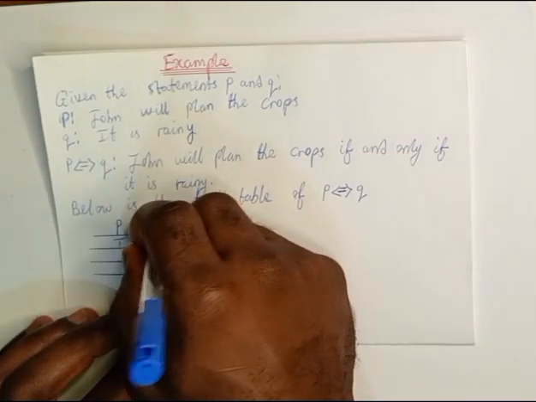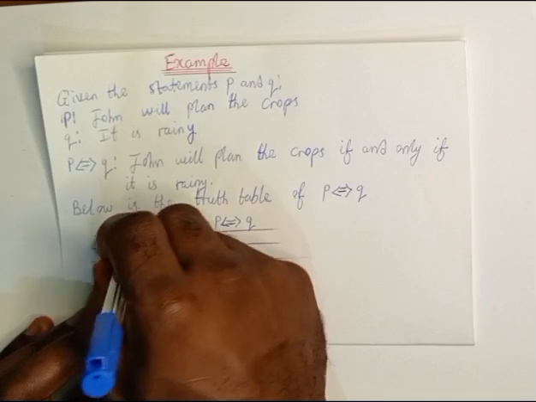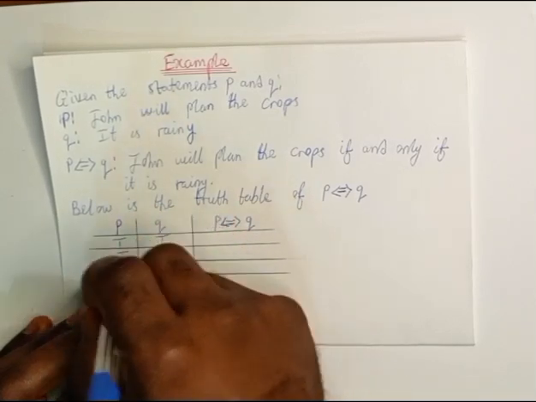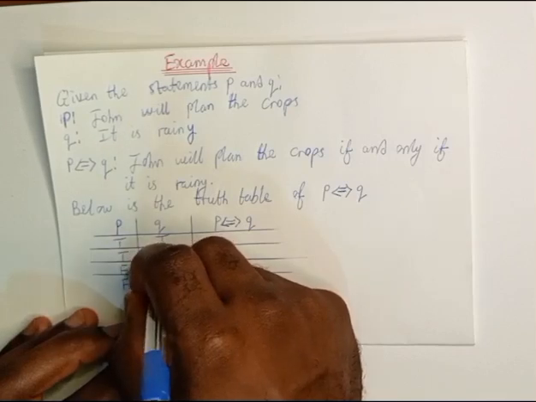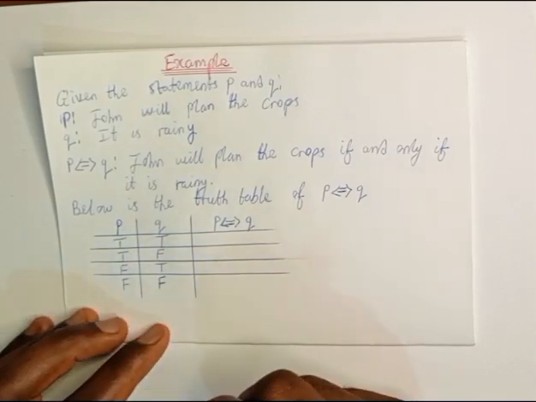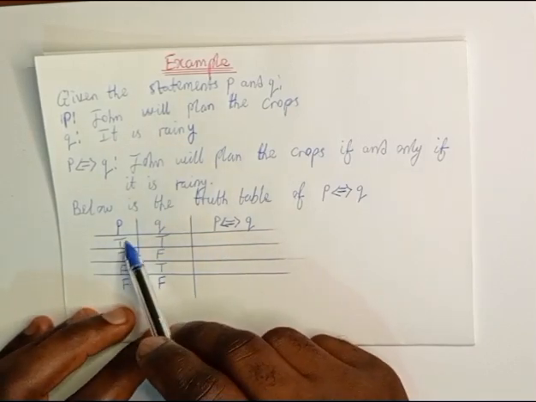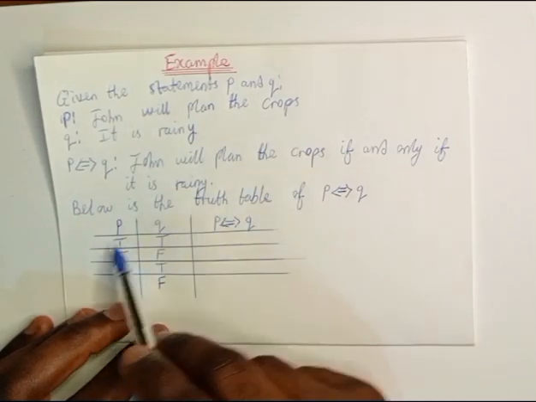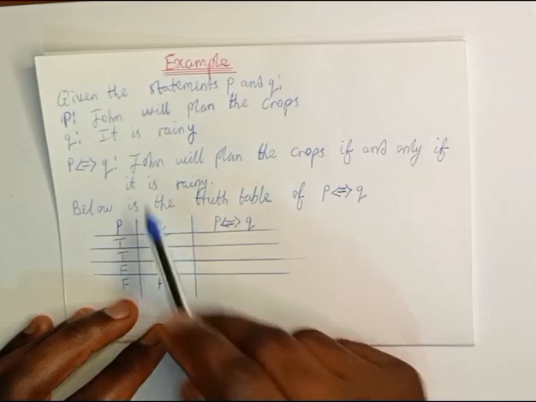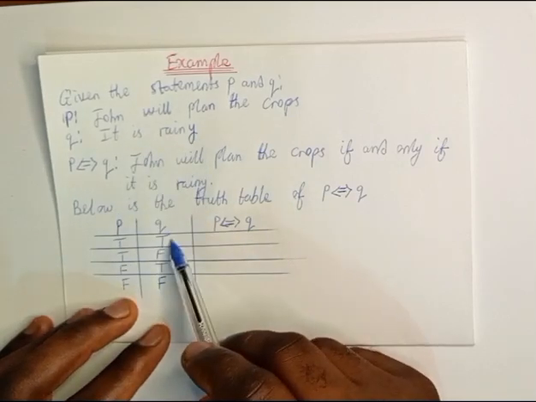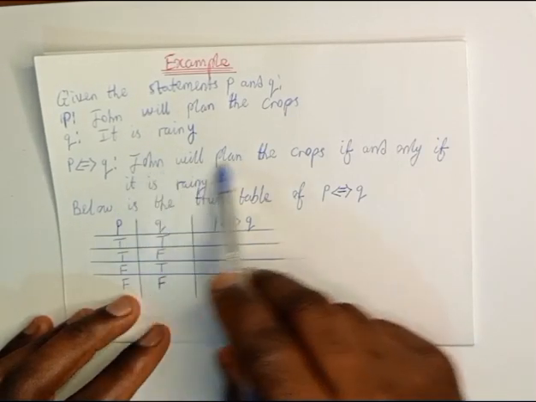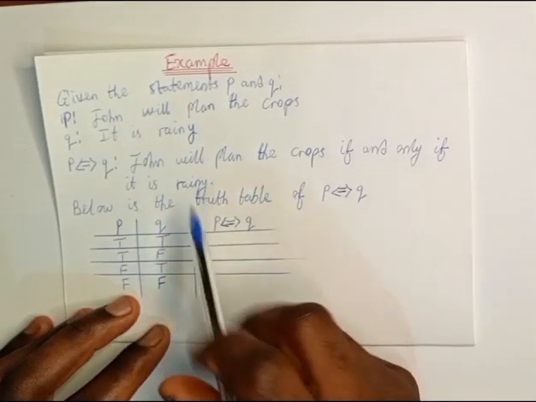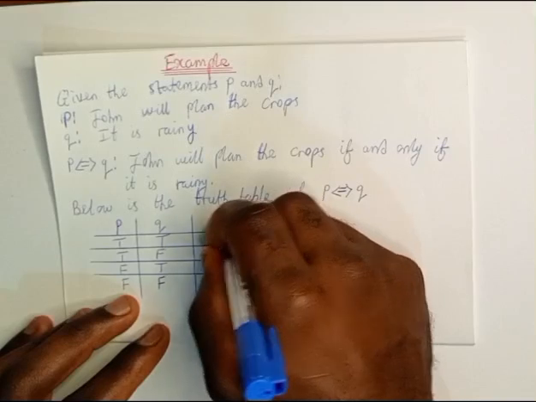P true, Q true, P true, Q false, P false, Q true, P false, Q false. The first statement, P is true, John will plant the crops, is true. The second statement, it is raining, is true. The biconditional statement, John will plant the crops if and only if it is raining, is true.